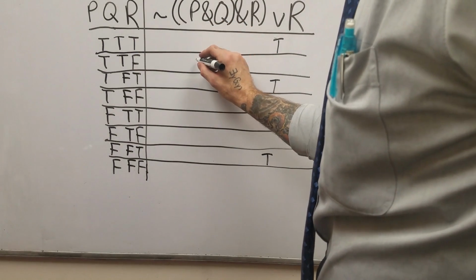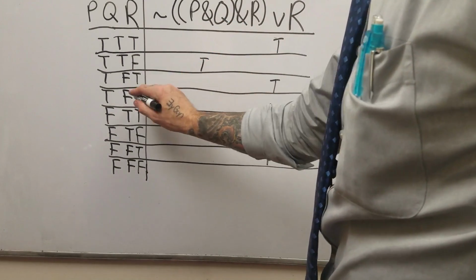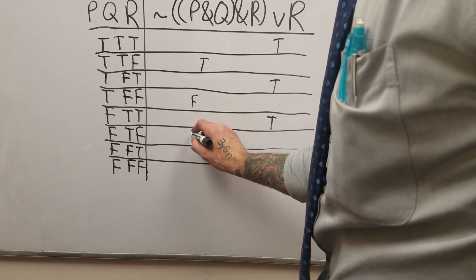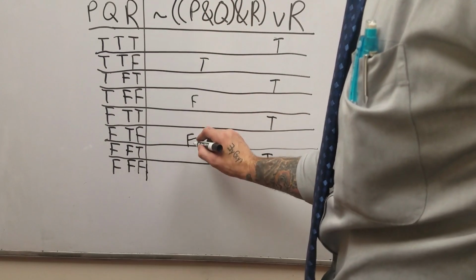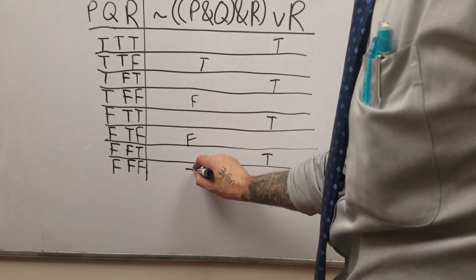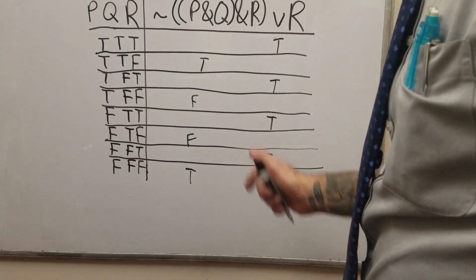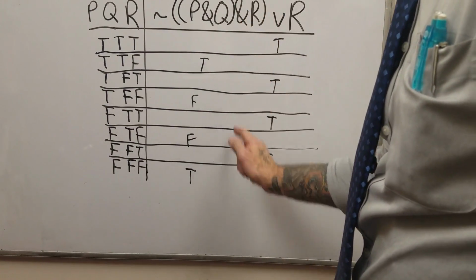So here P and Q are both true, so it's true. Q is false here, so it's false. Because P is false here, this conjunction's false, and it's definitely false here where both P and Q are false.